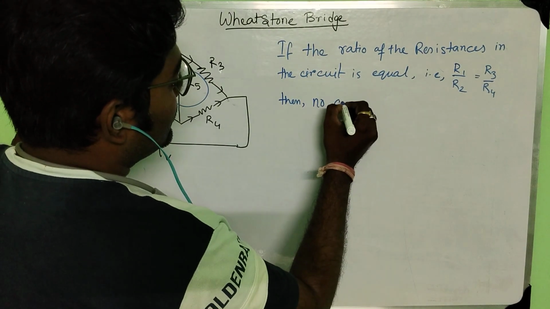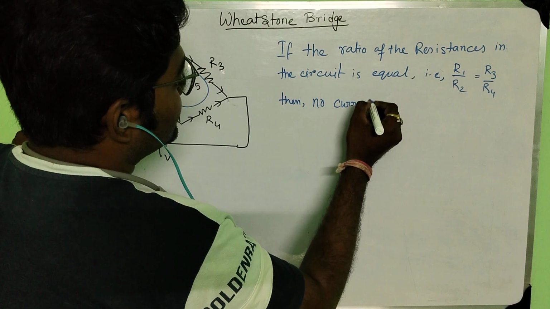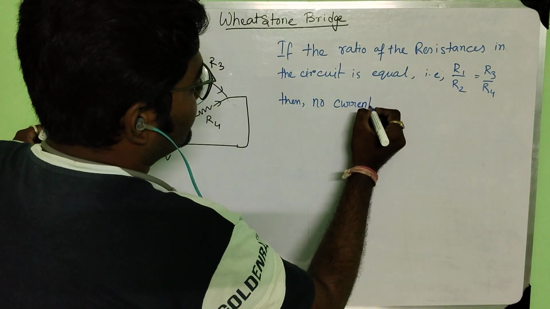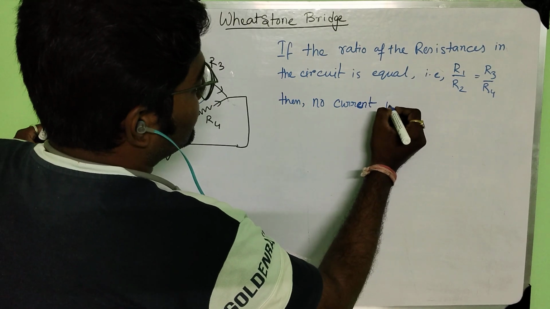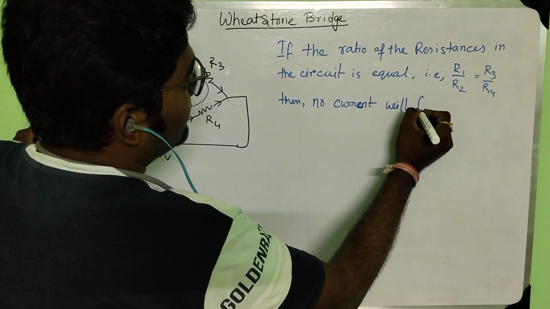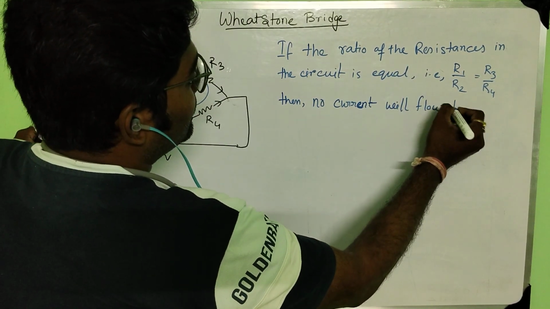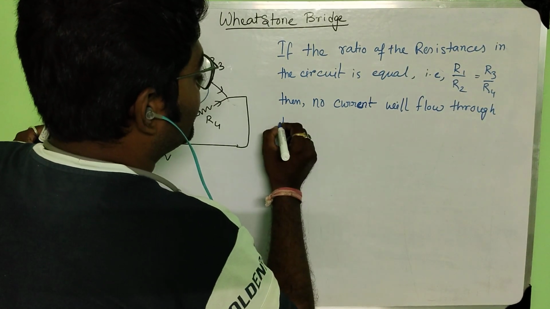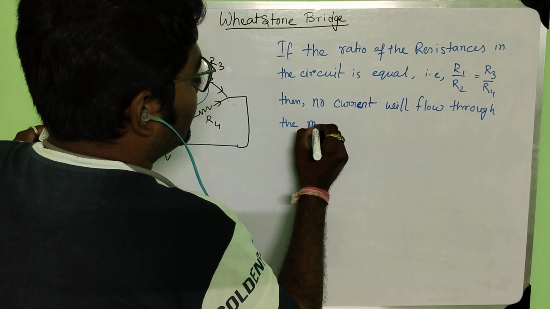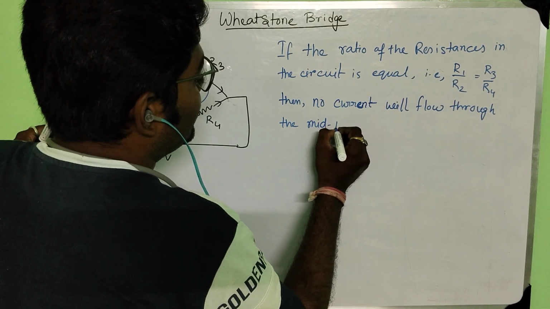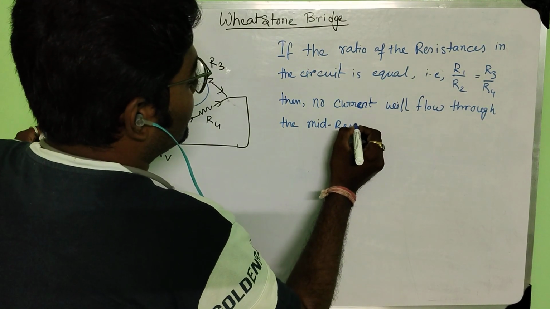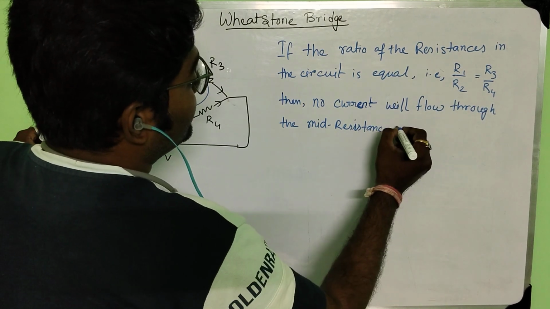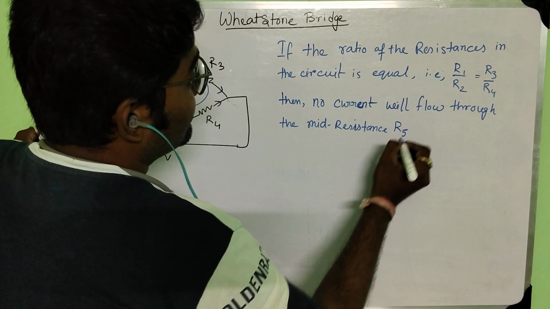then no current will flow through the mid resistance, provided mid resistance R5.